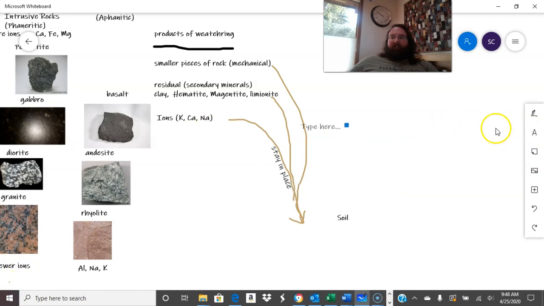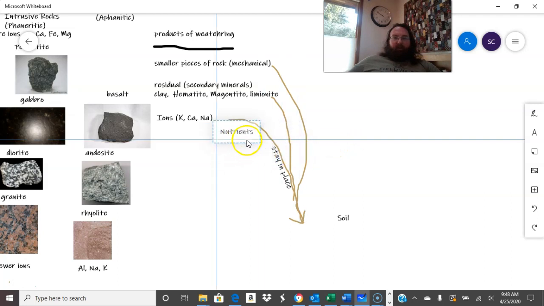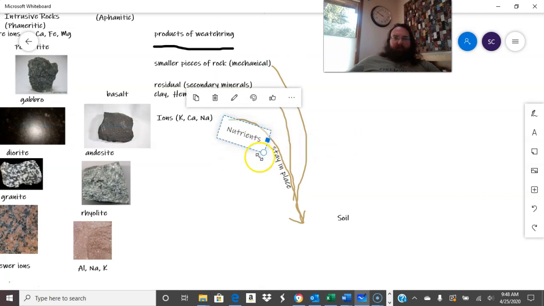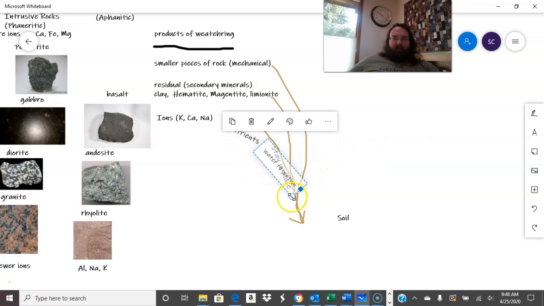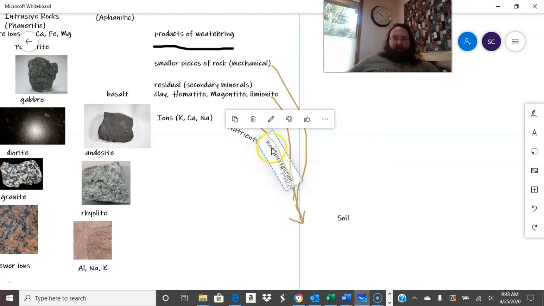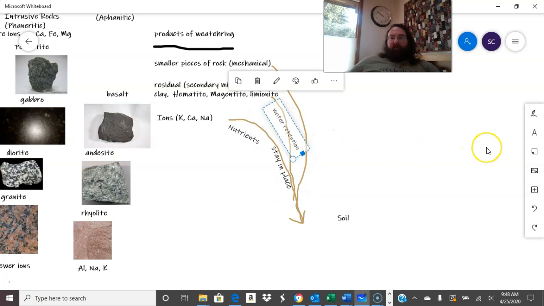With your ions playing the role of supplying nutrients, your clays and residual minerals playing primarily the role of water retention, and your larger particles in your soil playing the role of maintaining permeability.